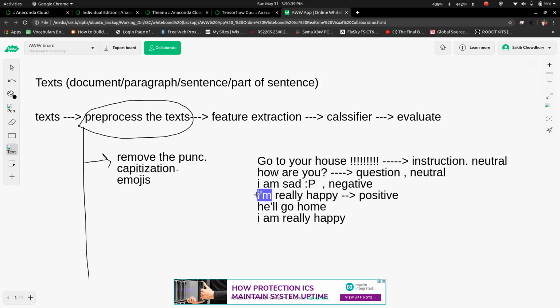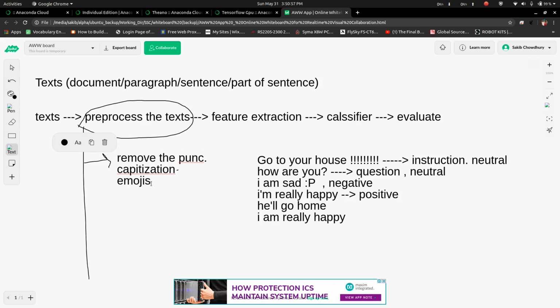Your system might consider "I'm" and "I am" as different words, but as you know, "I'm" and "I am" both mean the same thing. So these abbreviations sometimes create a lot of issues, so we have to handle the abbreviations. Okay, so let's write: handle the abbreviations.